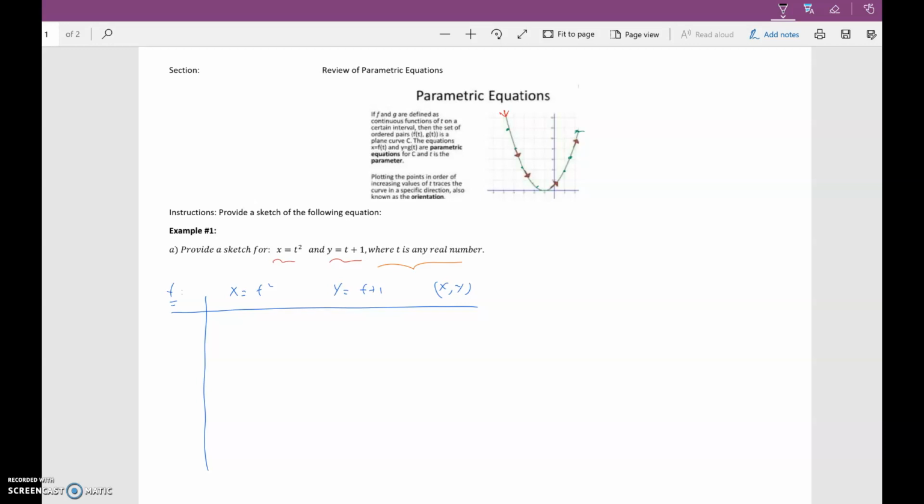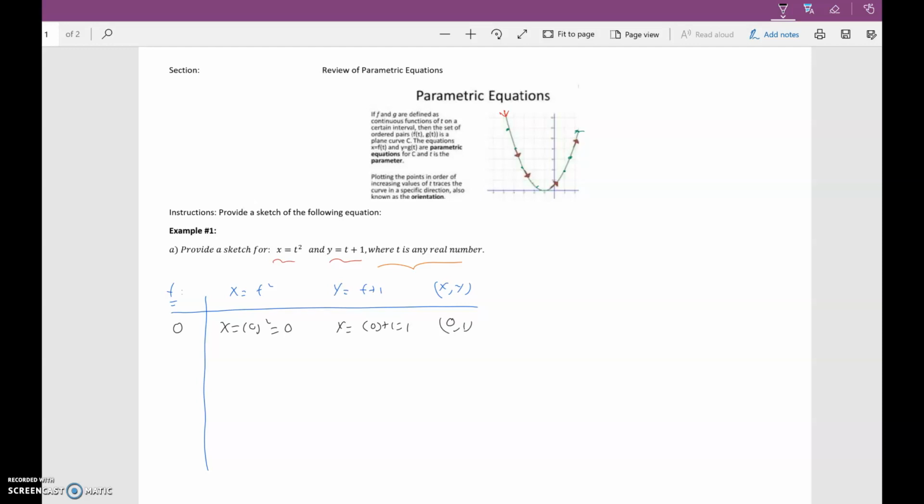You want to start at 0 and then evaluate positive or negative values, as long as you do a total of 3 coordinate points. So let me start at 0. Your x value is 0 squared, or 0. Your y value is 0 plus 1, or 1. Our coordinate point is going to be 0, 1.